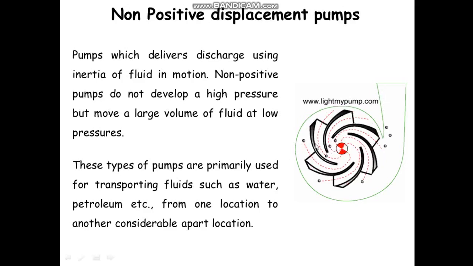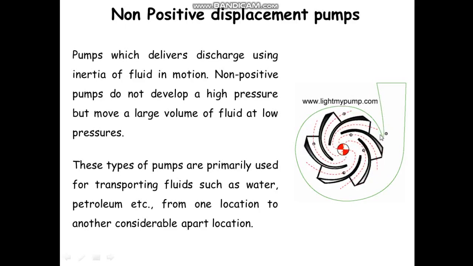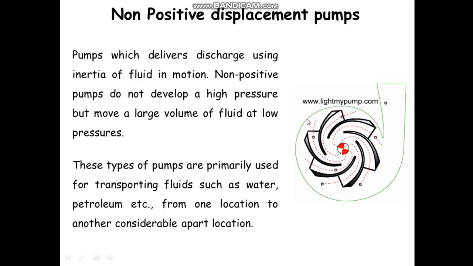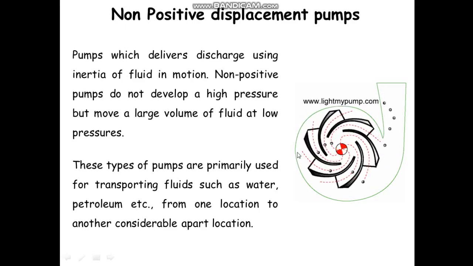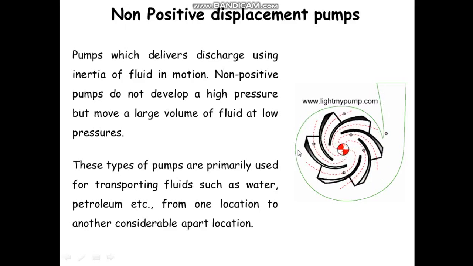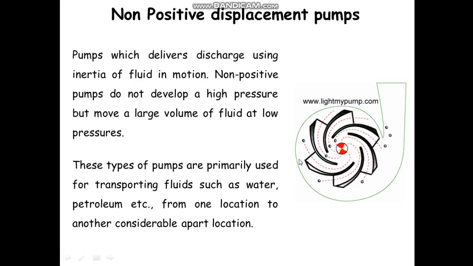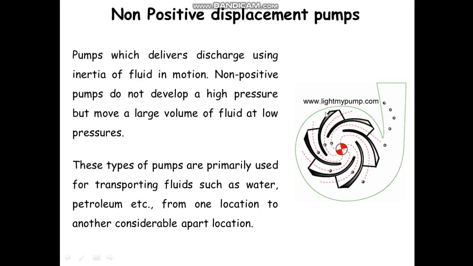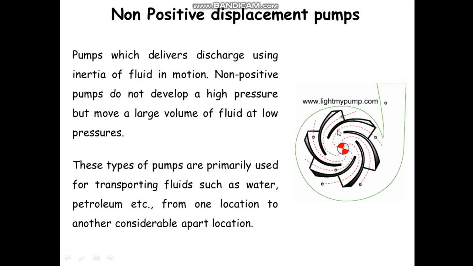Now to create the vacuum in such a centrifugal pump, the air which is present in the space between the rotating part and the casing will not be taken out, because the air will be taken out only if it is present near the rotating part.